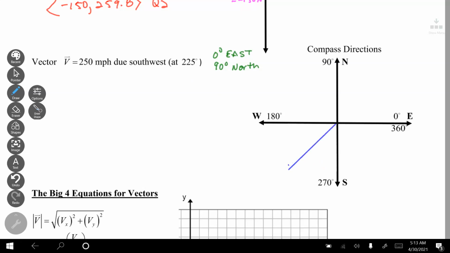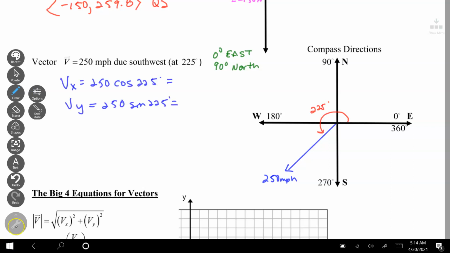So here's 225 degrees. This is 250 miles per hour. And at 225 degrees, I could break it down into my components.